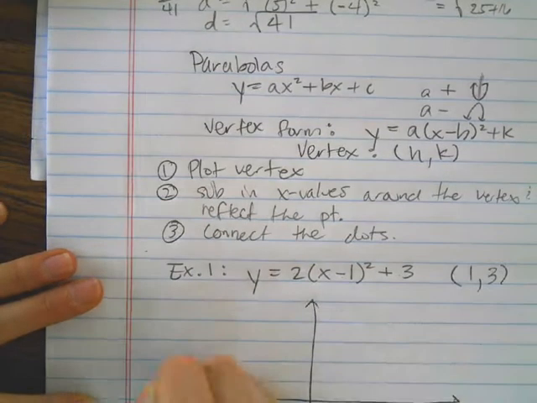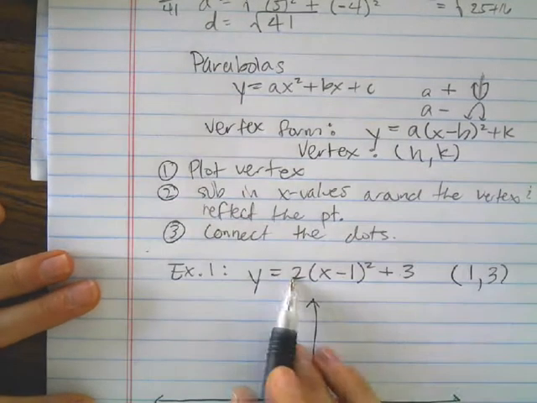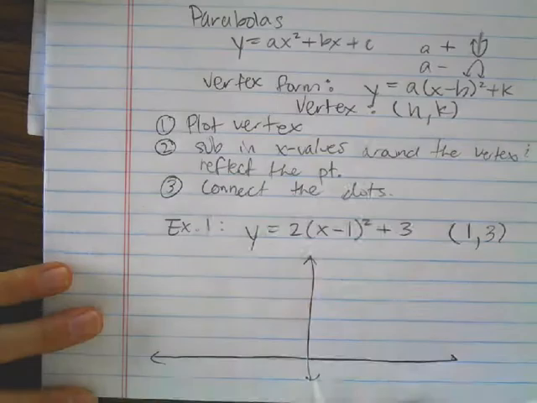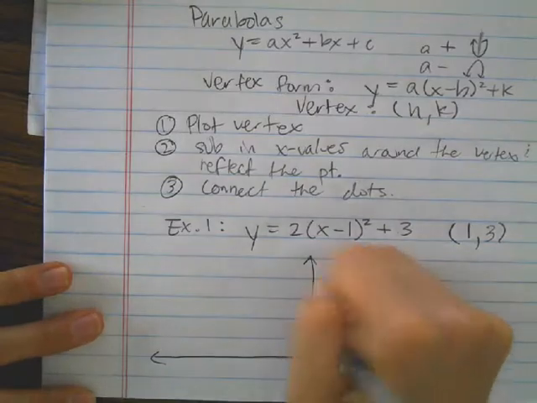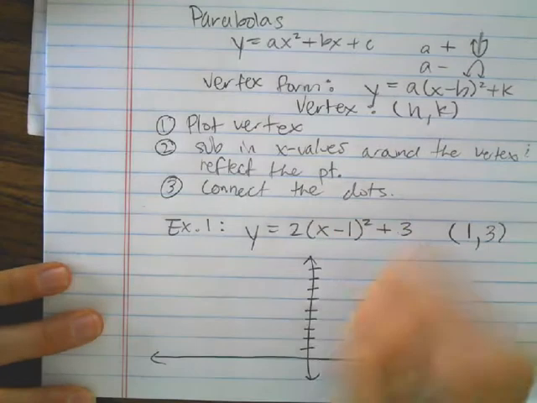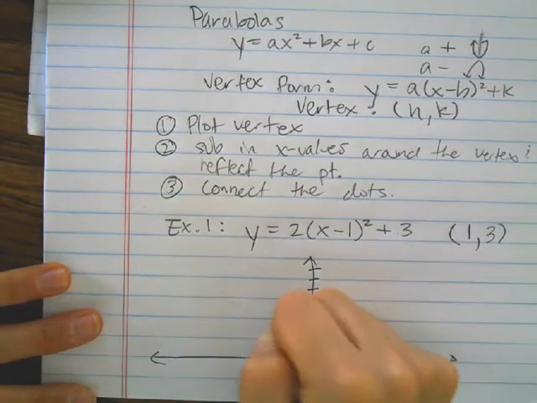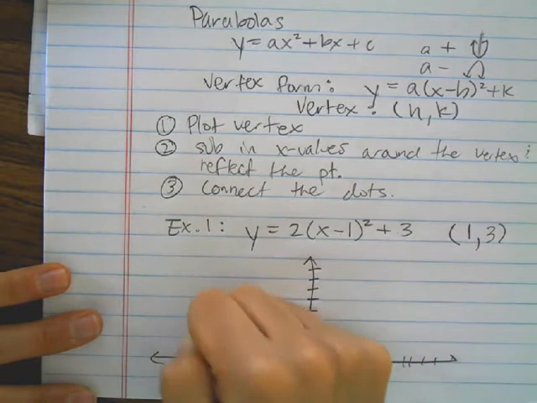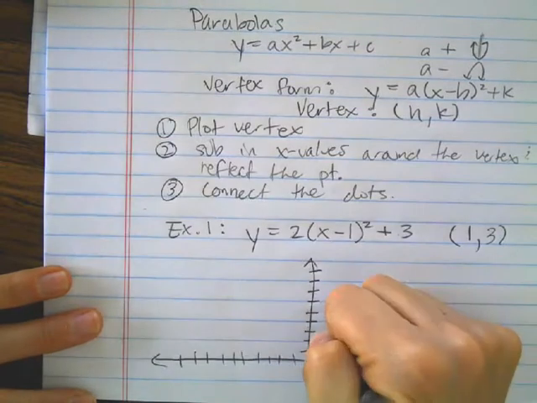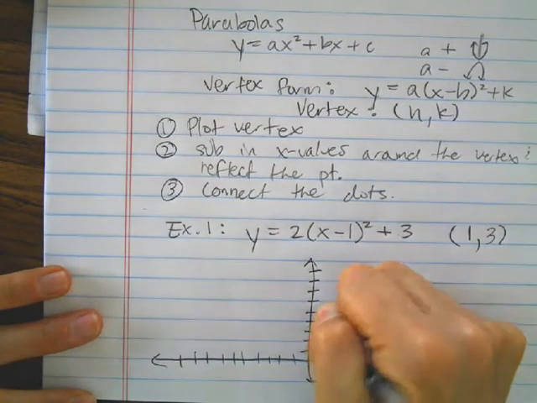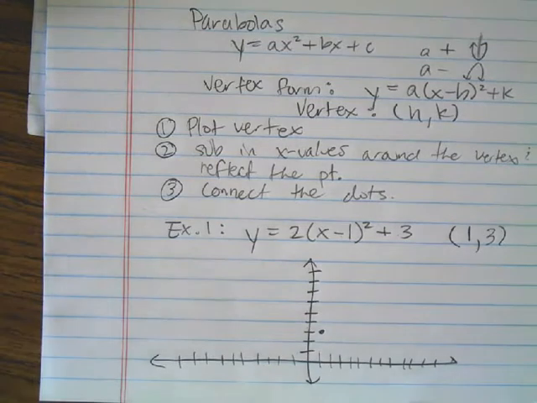And I know it's going to be a happy face because I have a positive a value. So I plot 1, up 1, 2, 3. So there's my vertex. And I'm going to plug in a couple points that are around 1.